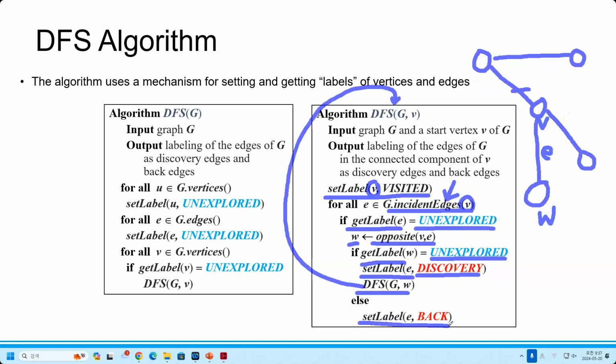Now we need to know that if we have E and W has been visited previously, then this E will be a back edge. If the edge returns back to any visited node, then this will be a back edge.